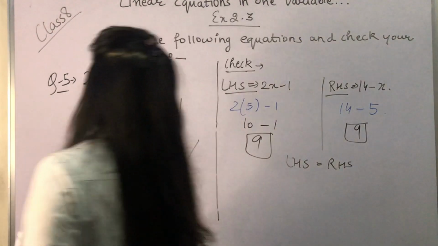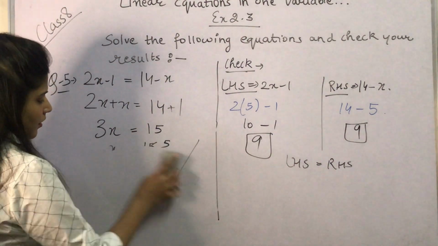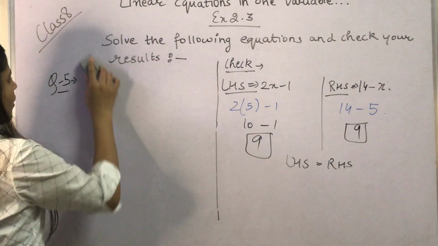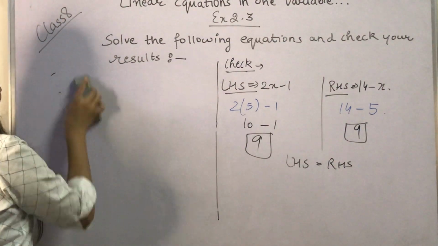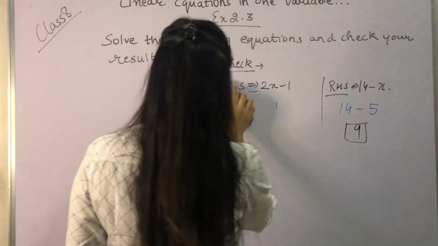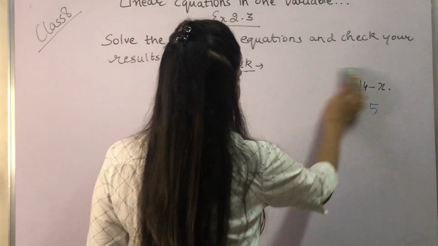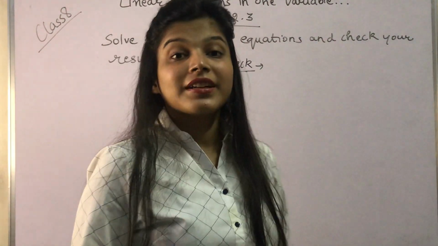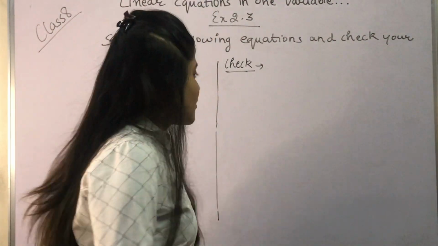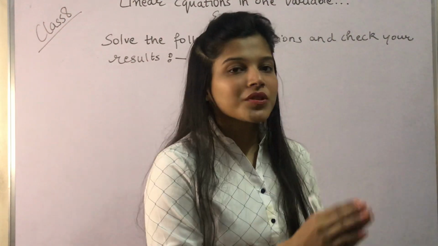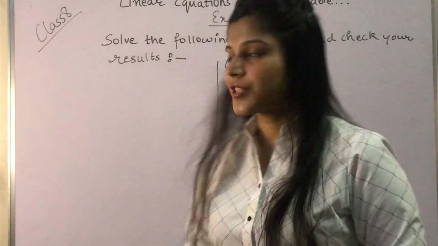Now question number 6. Question number 6 of exercise 2.3 is, so you see children, the concept is same for solving the equations. It's just that we have to transpose the terms according to the question.